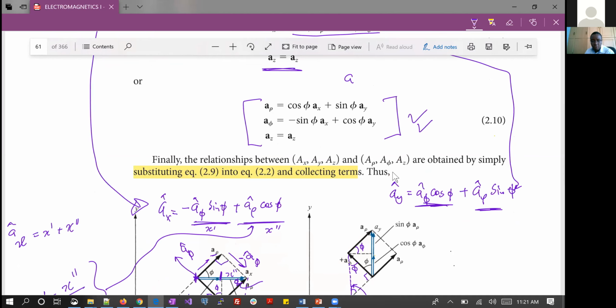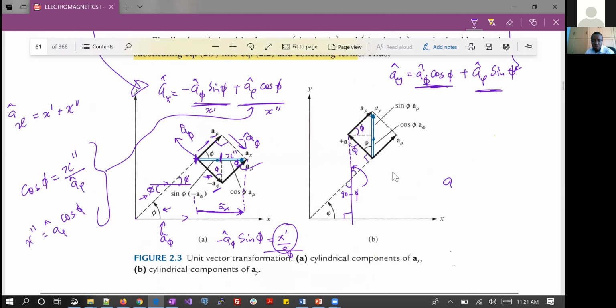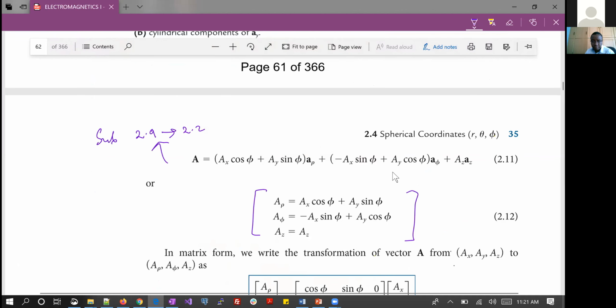Yes, so I think we want to move a bit further because we have dealt sufficiently with the unit vectors. So I want now to move to the vectors themselves, so that we are saying that we can express A in terms of the unit vectors A rho, A phi, and A z, given that we were already operating from the Cartesian coordinates.